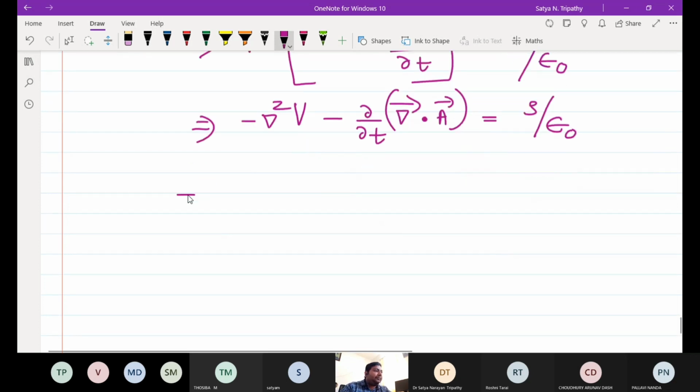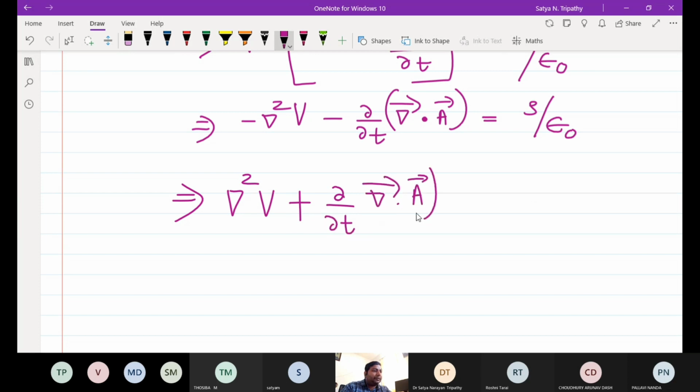So I'm writing del square V plus d by dt of del dot A is equal to minus rho by epsilon 0.